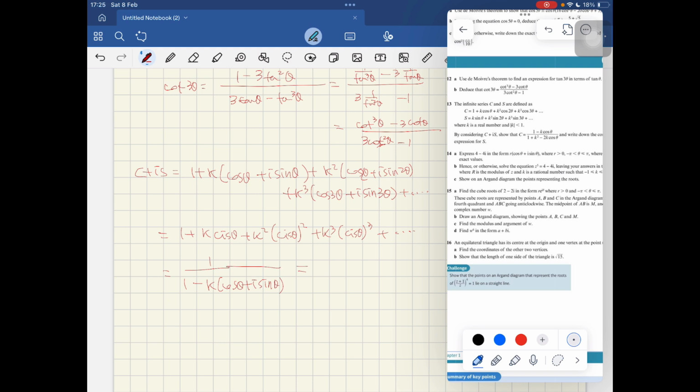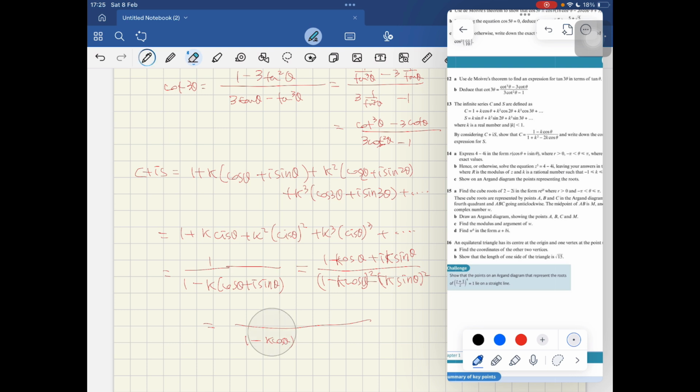So now we have 1 minus k cos theta minus ik sine theta. So we can do the rationalization, multiplying by 1 minus k cos theta plus ik sine theta over its modulus squared.